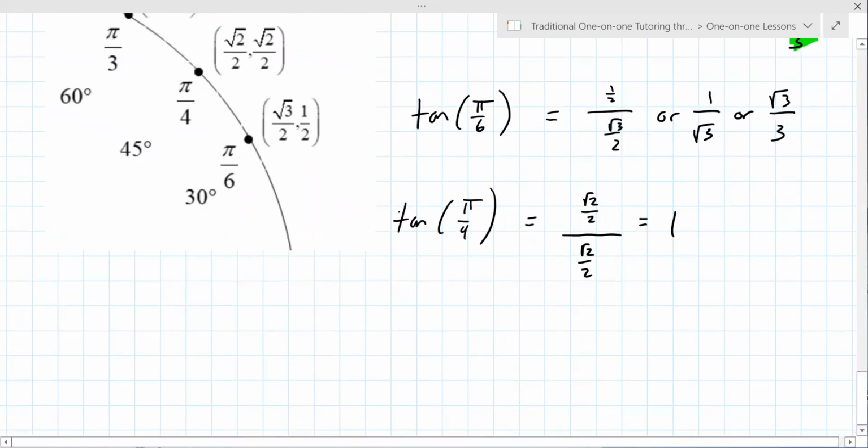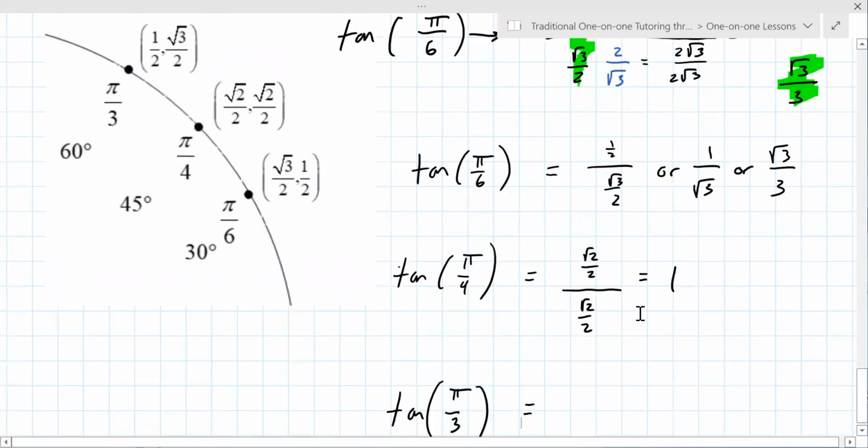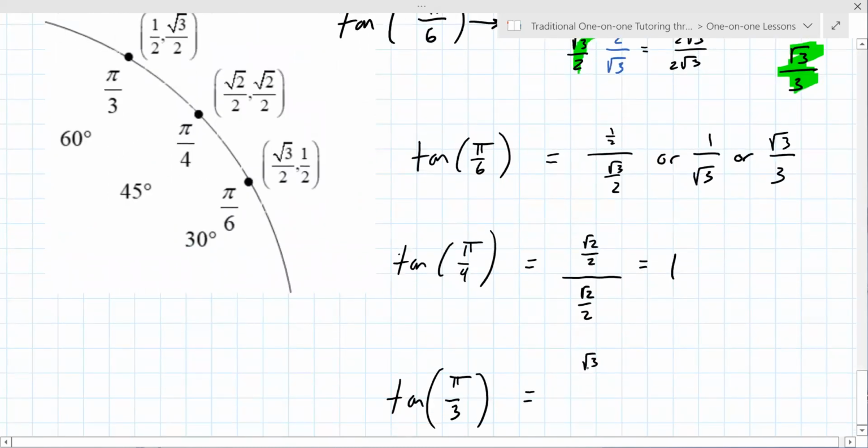All right, now let's do the other one. Let's do tangent of pi over 3. So it's essentially the flip of the one we just did. It becomes root 3 over 2 over 1/2.